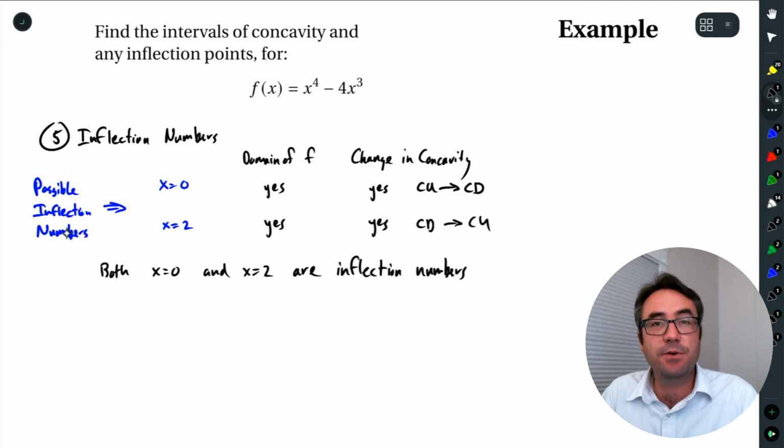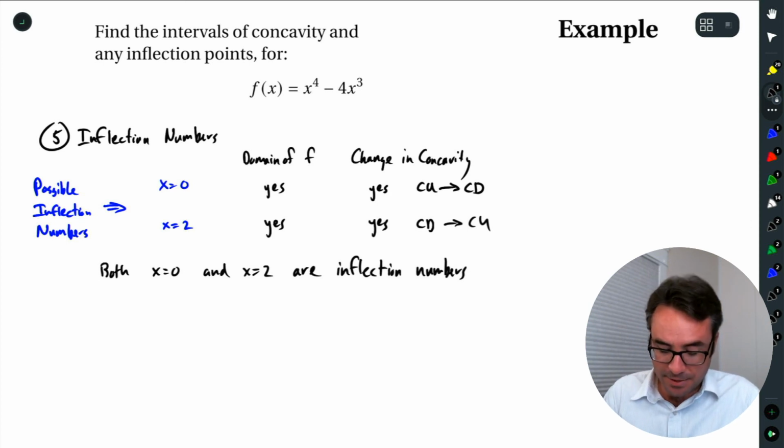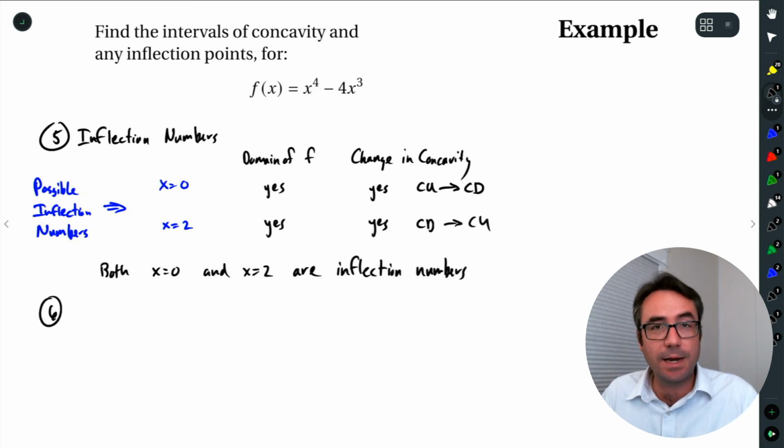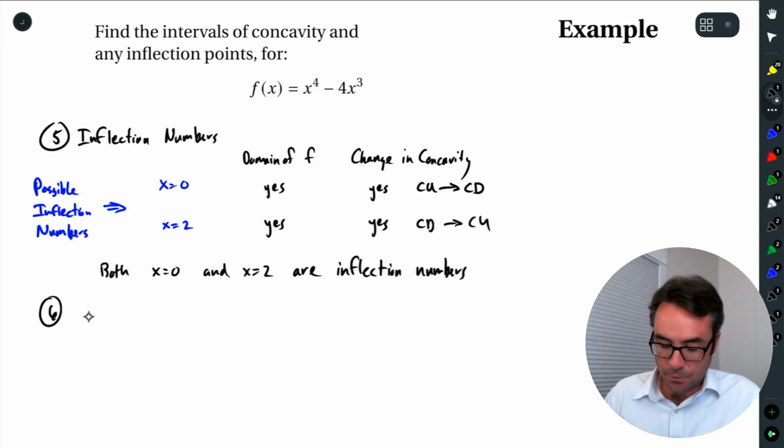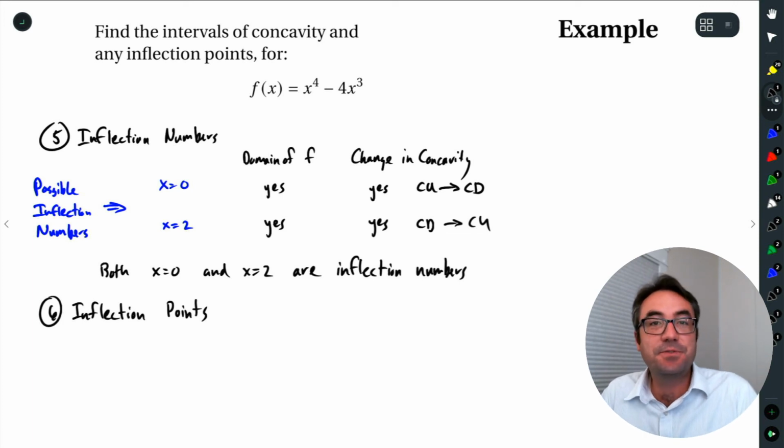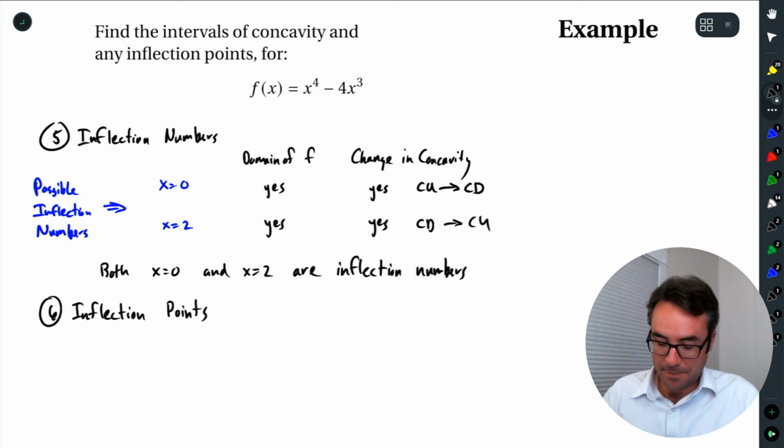We're not just using them for our sign chart. They're actual inflection numbers. So we actually do have an inflection point there. So the last step then is to just figure out, okay, well, what is the y-coordinate for each of these? So let's find the inflection points. And this means just find the y-coordinates.